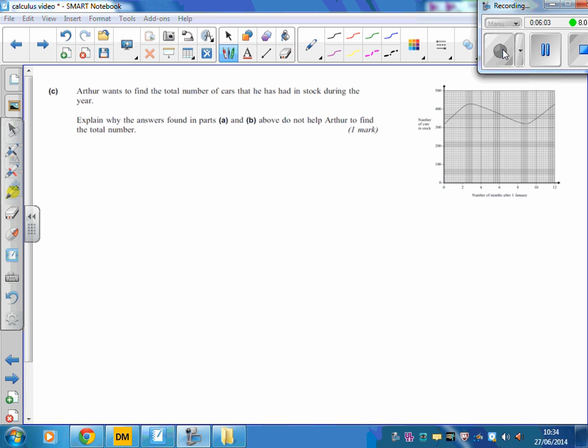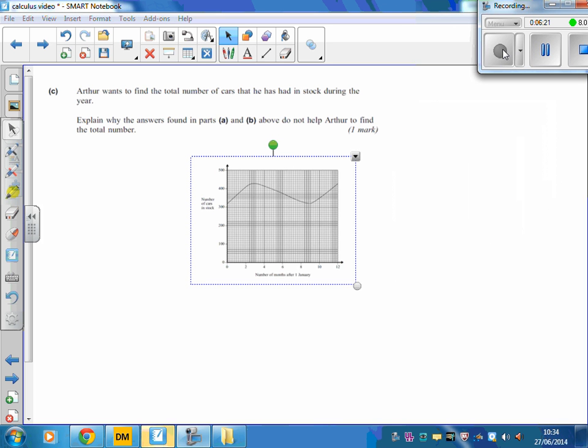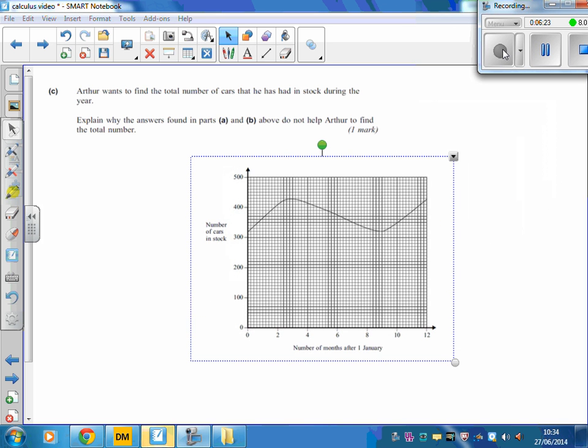Part C takes a little bit of thought. It asks us to explain why the average number of cars in stock in A and B do not help Arthur find the total number of cars. And I think you can see this by, if we actually look at the graph, then these are individual days along the x-axis.